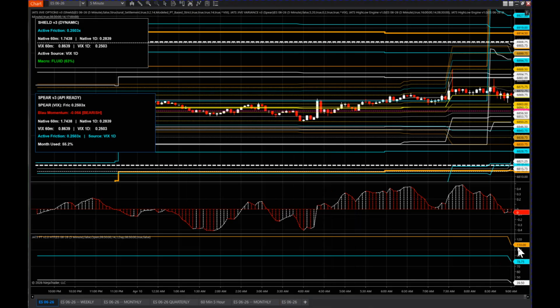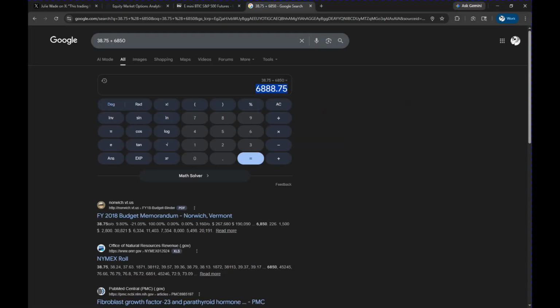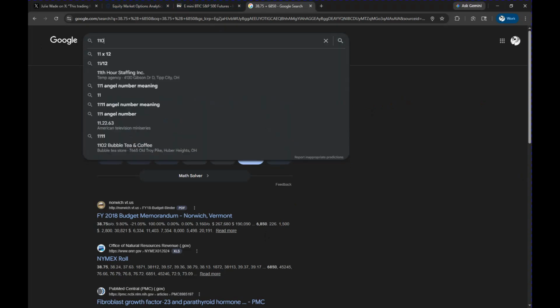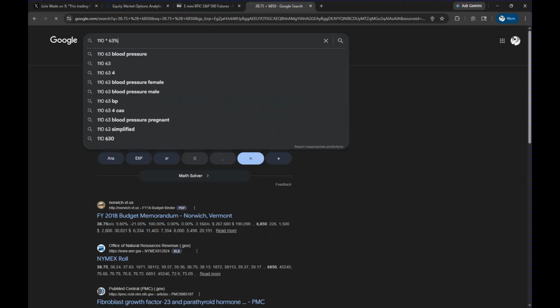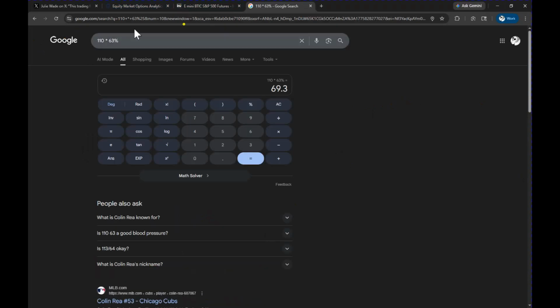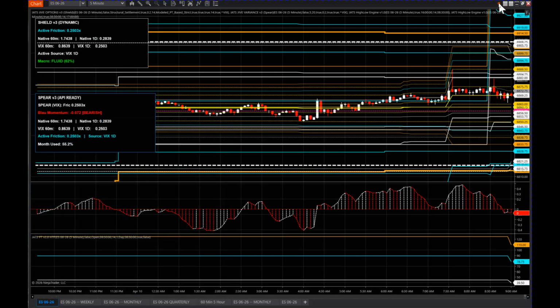So if we're expecting 63% of the daily range, 63% of 110, put our trusted calculator back up. 69.30. So 69.30 points for the day.